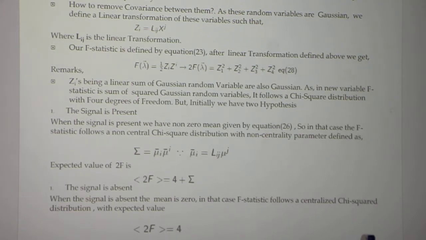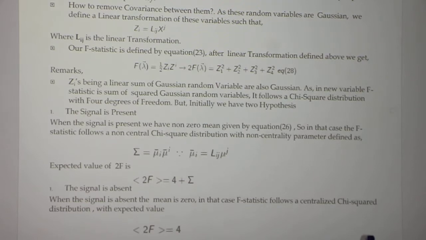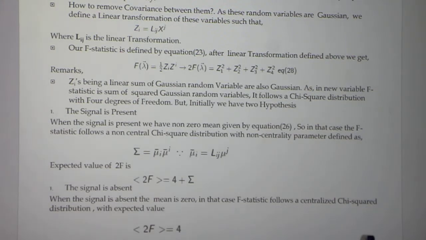So through that, the mean should be 0 when the signal is absent. The mean value of the F statistic following the chi-square distribution should only be the degrees of freedom, which in that case is the number of independent random variables.